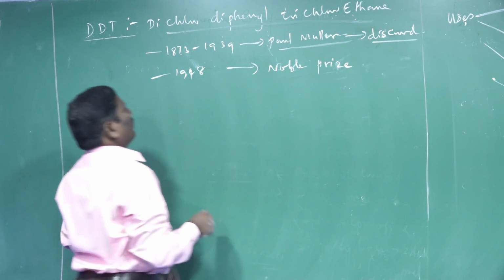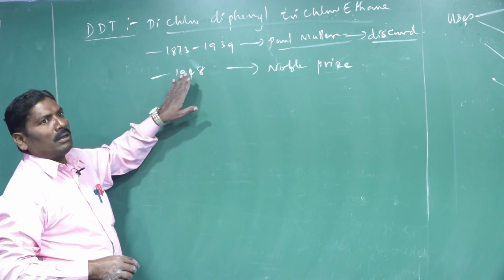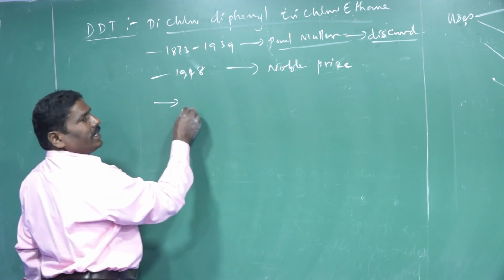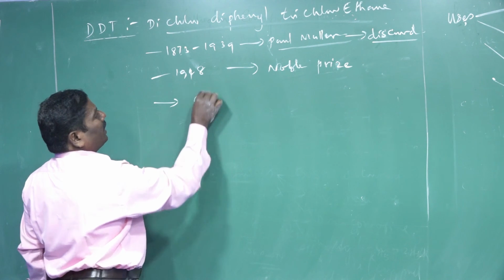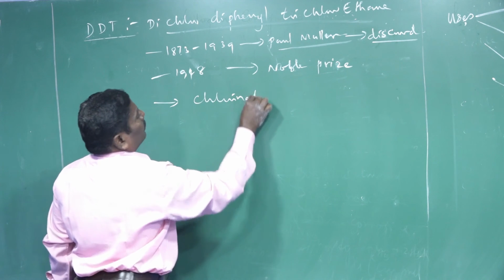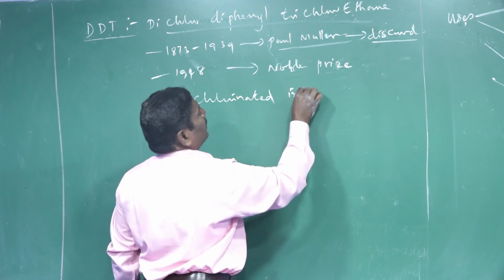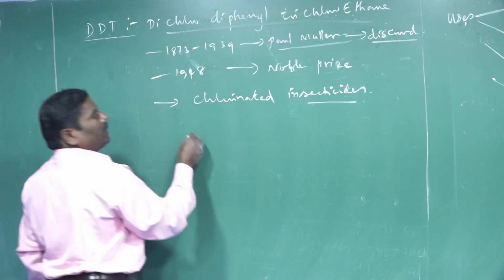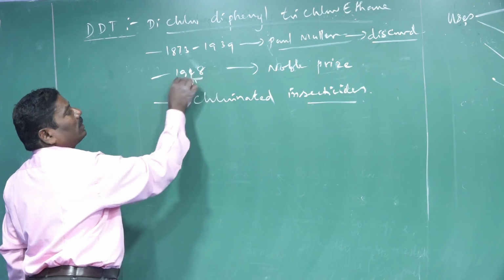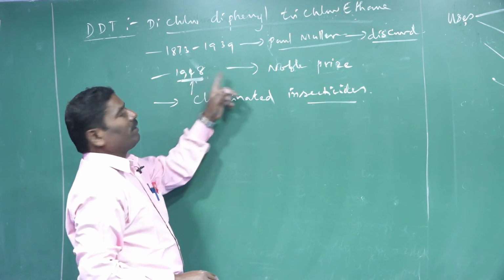This is the first compound synthesized in the laboratory as an insecticide, that is, a chlorinated insecticide, and that is the reason he was awarded the Nobel Prize in the year 1948.